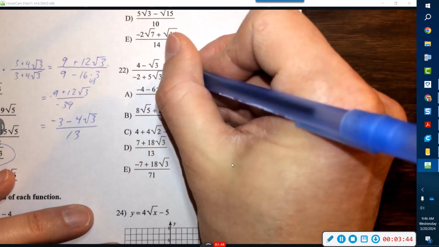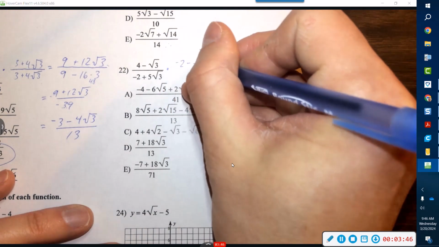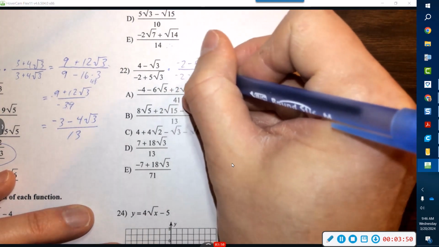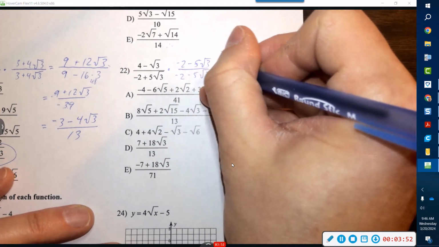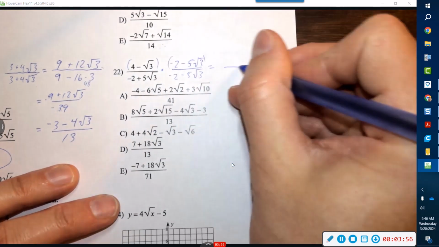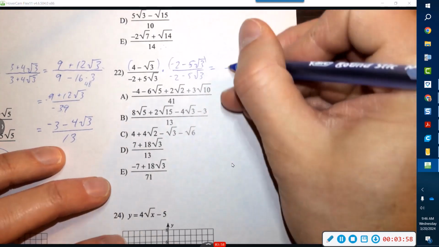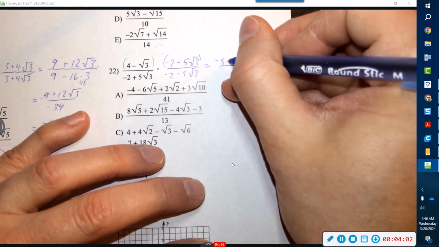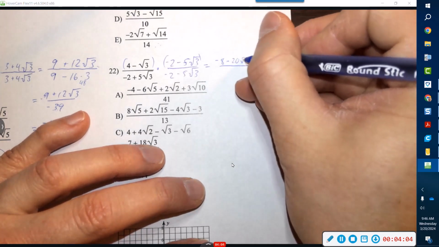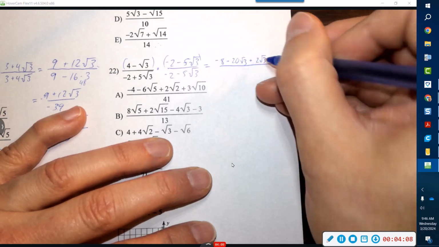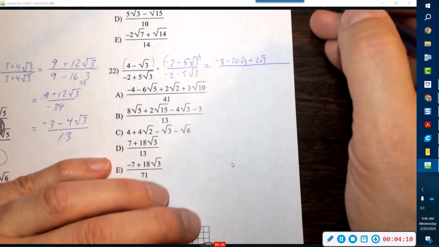Alright, so this one here, we're going to leave it negative 2 minus 5 radical 3. Now we've got a binomial times a binomial, so these can get pretty long, so I'm going to make this kind of small. Okay, minus 20 radical 3 plus 2 radical 3. Those actually combine, that's lucky.